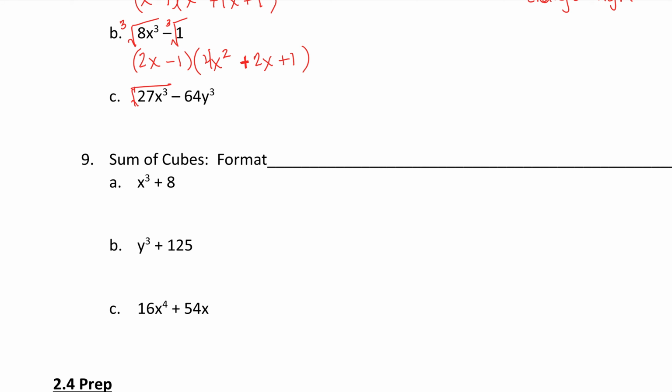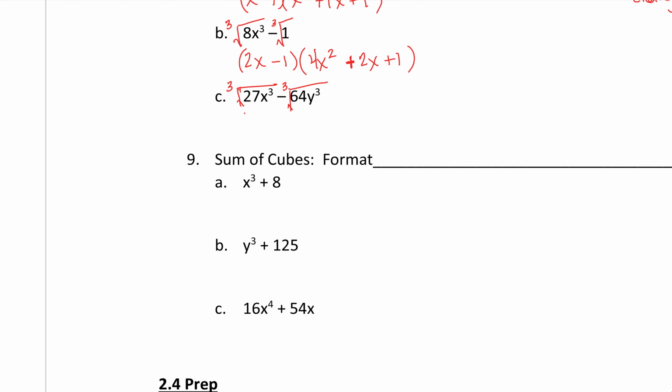In this case, I can take the cube root of both. 27x cubed, the cube root is going to end up being a 3x. Cube root of 64 is going to be a 4, so minus a 4y.